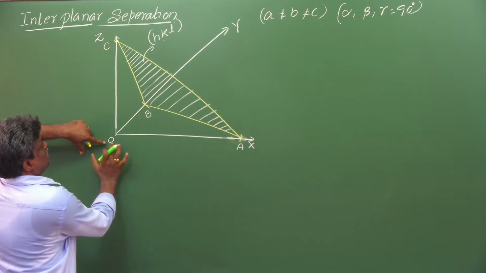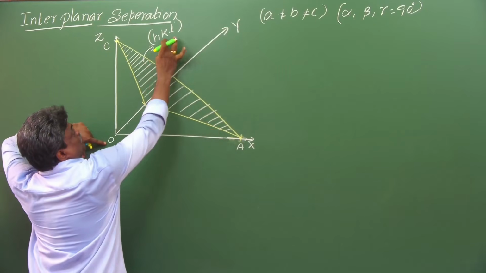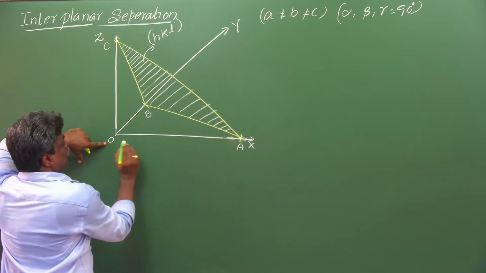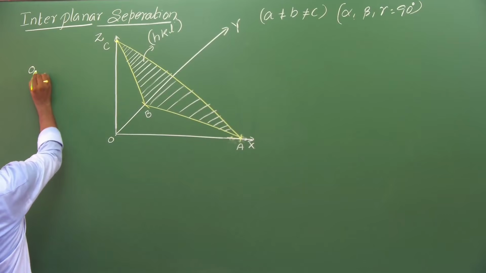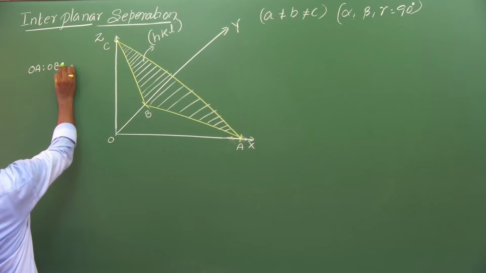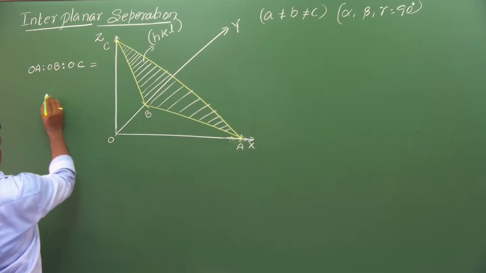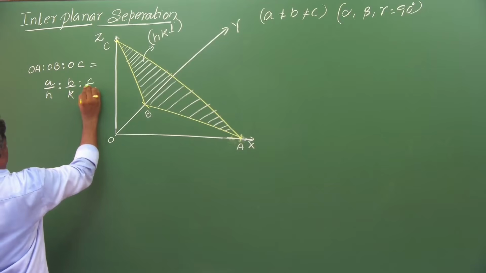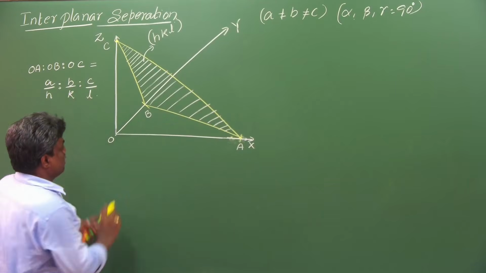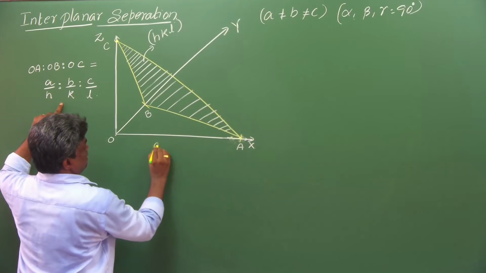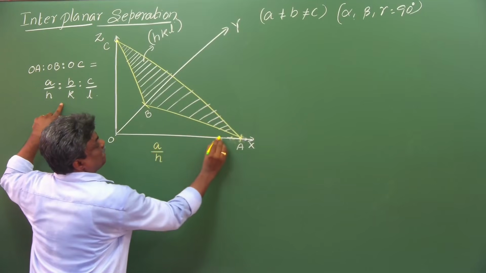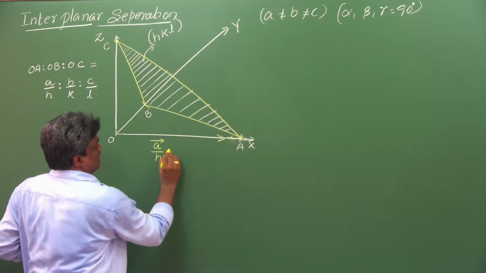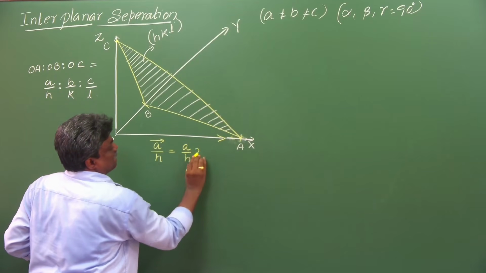Ready. So this is a plane whose Miller indices are given by H, K, L. Good. So you know that already one relation: OA is to OB is to OC equal to A by H, B by K, C by L. That's why OA can be taken as A by H. If you take a vector form, it should be a bar, equal to A by H x cap.